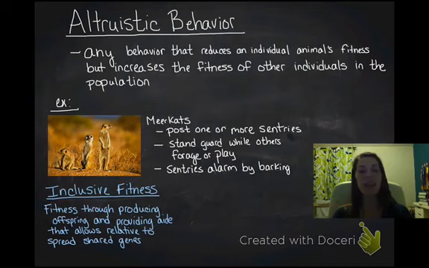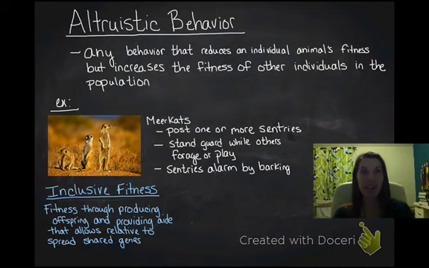It's not just about me spreading my genes, it's can my relatives spread those shared genes? Inclusive fitness makes altruistic behavior make more sense evolutionarily. That's the ultimate causation of why altruistic behavior exists.